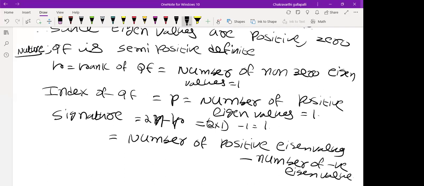What is n? It is the order of the matrix. Order of the matrix is 2. 2 twos are 4. How many positive eigenvalues? 2. 4 minus 2 is 2.